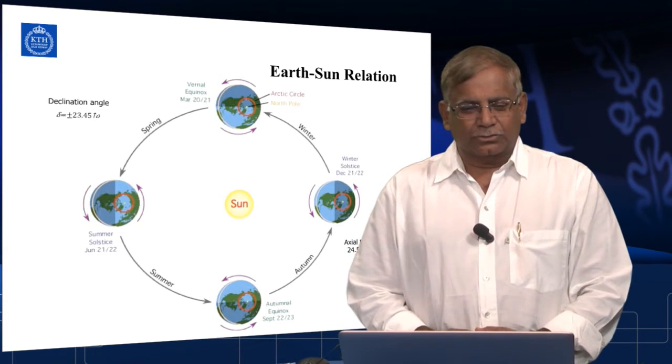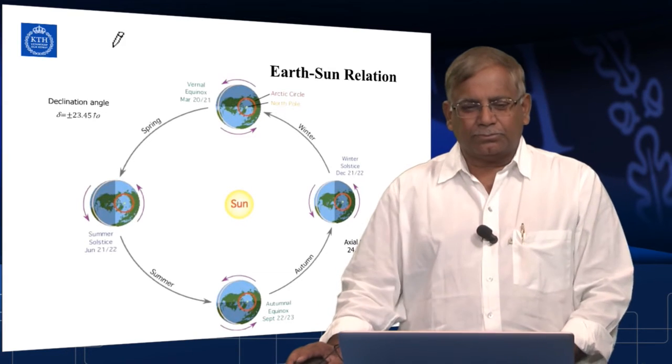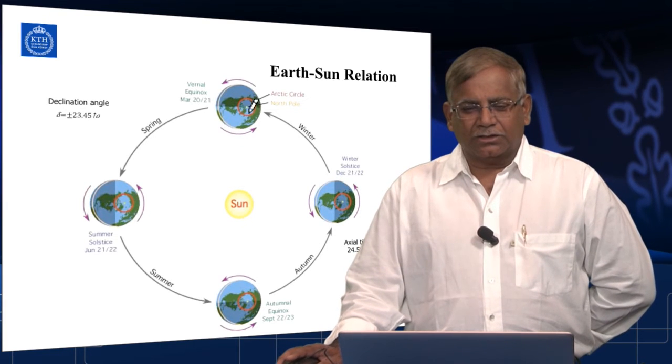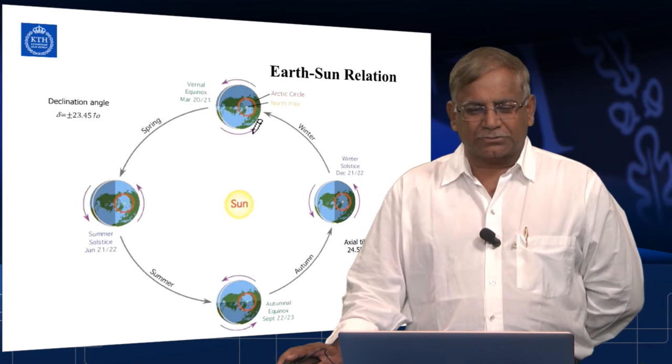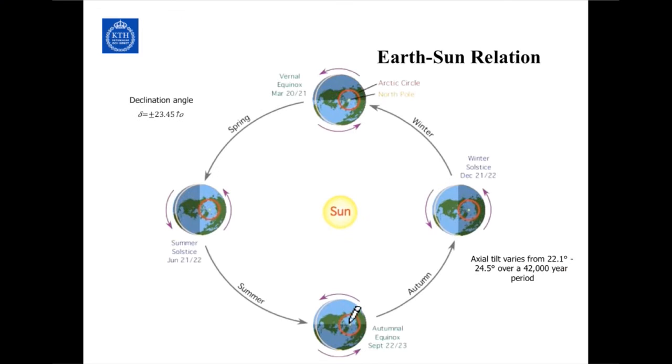As you have seen before in part 1 of the solar energy, this represents where the sun's location is with respect to the earth in different parts of the year, as the earth goes around the sun.